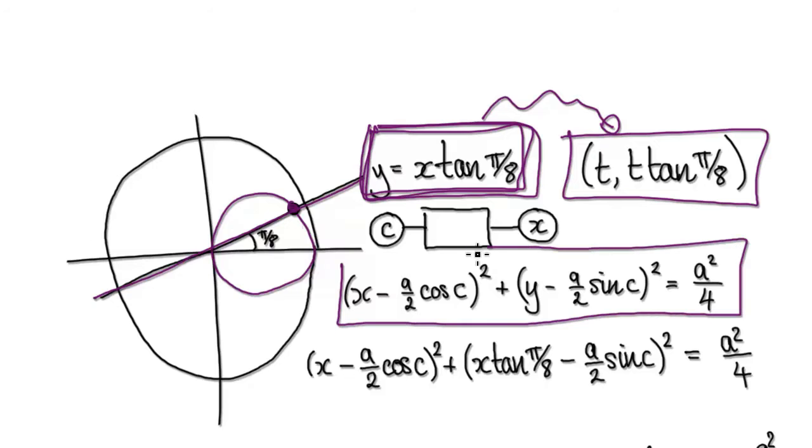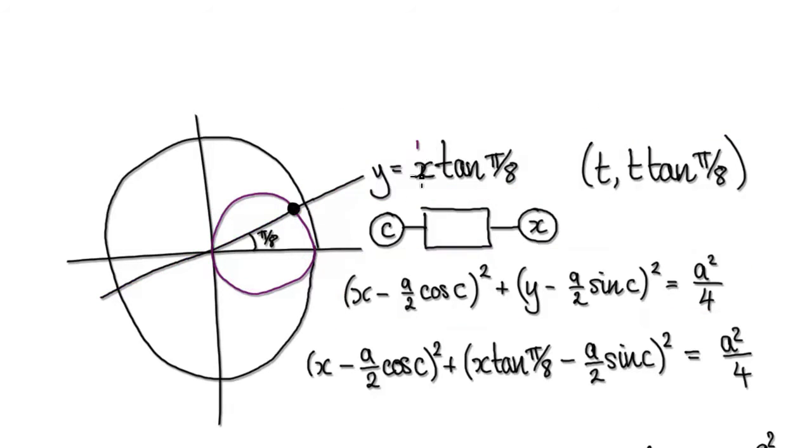This is our circle. So we've got to find the intersection, which would be right here. So we would need to put this into the y.